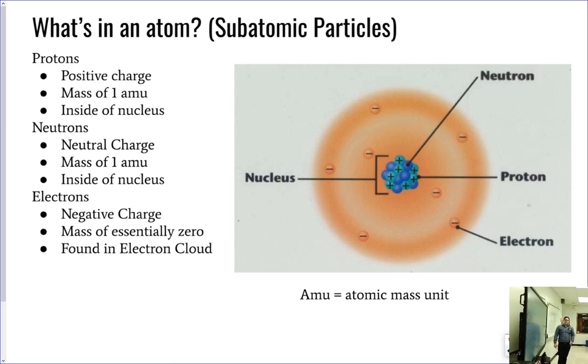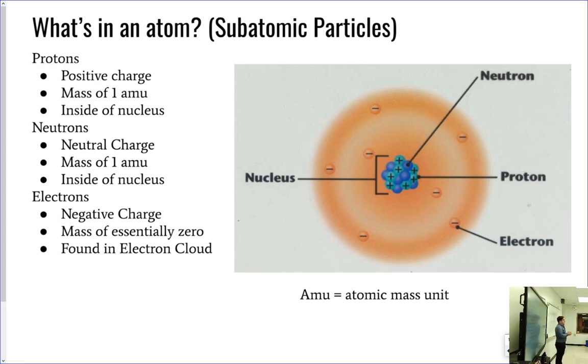Okay. We are going to say that the mass of a proton and a neutron is 1 AMU. AMU stands for atomic mass unit. I'll show in the next slide what the true mass of a proton is and why we won't use it. It's an extremely small number.